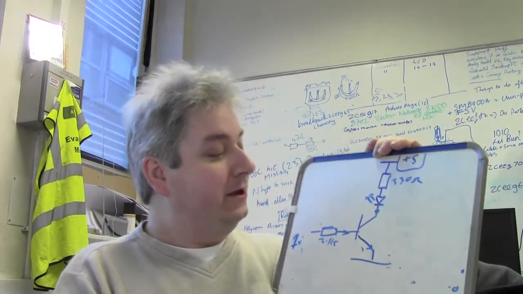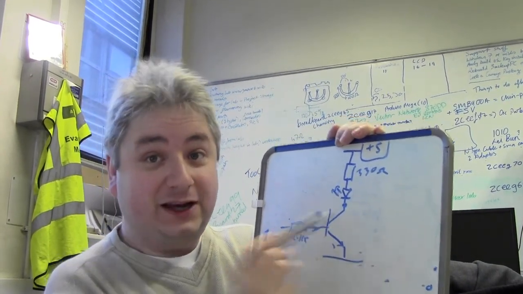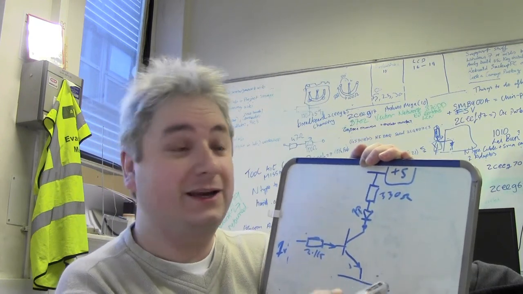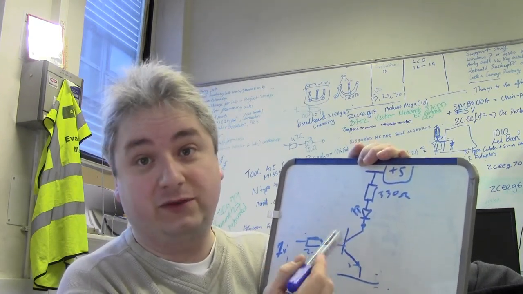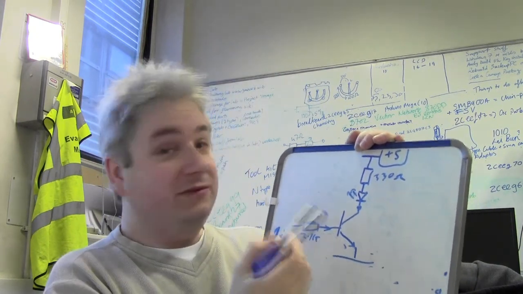Easy. Now, the reason why I said we go for worst case scenario, 70 for the HFE as opposed to 100 or 140 HFE or anything like that, and it could be less once we pull it out of the component bag, is simply because of this.